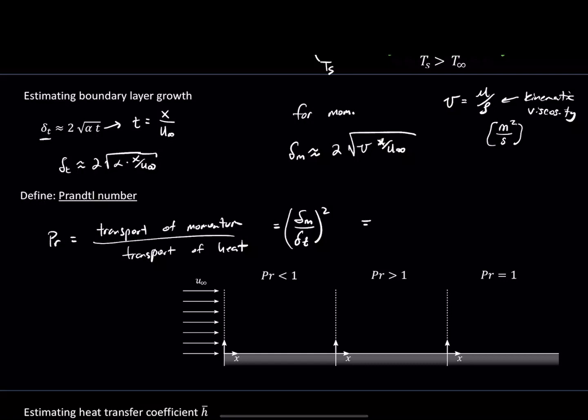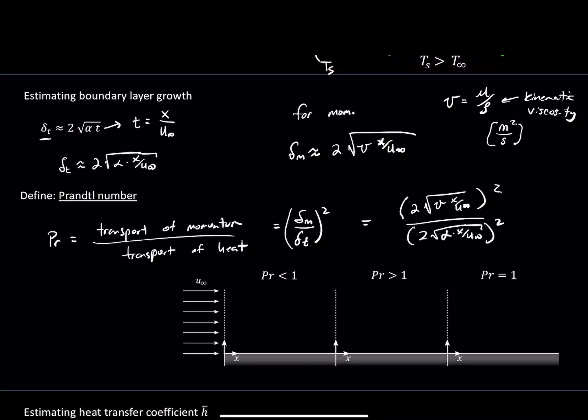So we can plug this in and kind of simplify down what we have here. So Prandtl is equal to 2 times the square root of nu x over u infinity over 2 times the square root of alpha times x over u infinity, squared.